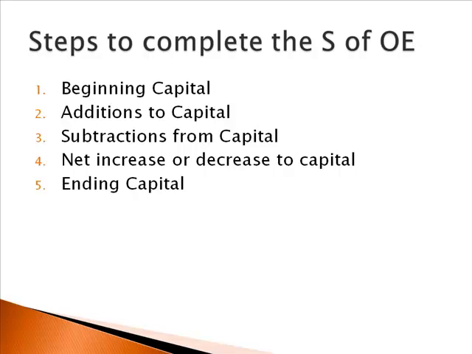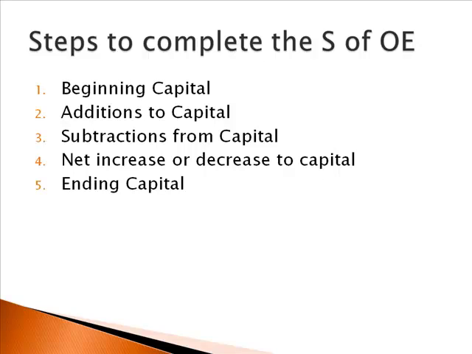The third thing that affects the statement of owner's equity are things that are subtracted from the capital account. And again, we have 2 possibilities here. The first and most common is when the owner withdraws money from the business for personal use. This is the balance in the drawing account, as we were shown in the last problem that we demonstrated. When the owner takes money out of the business, it's called a draw.